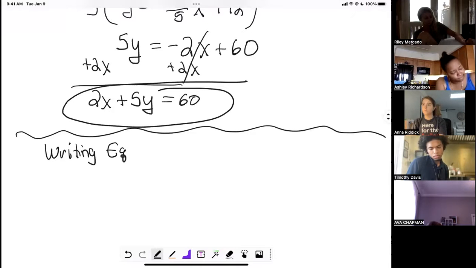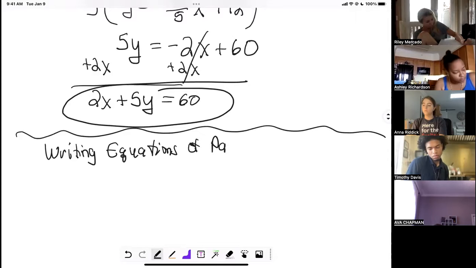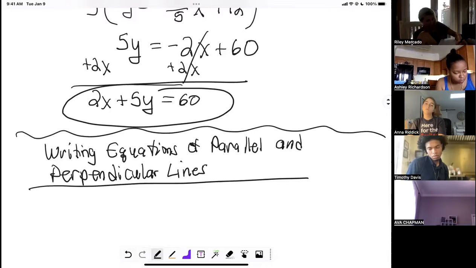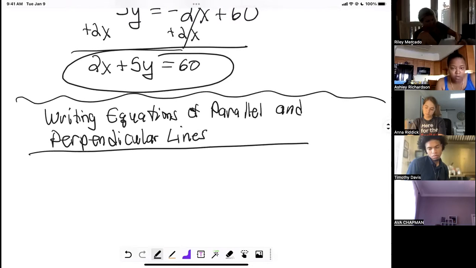Writing equations of parallel and perpendicular lines. All right, first we gotta do basics, and these are confusing.